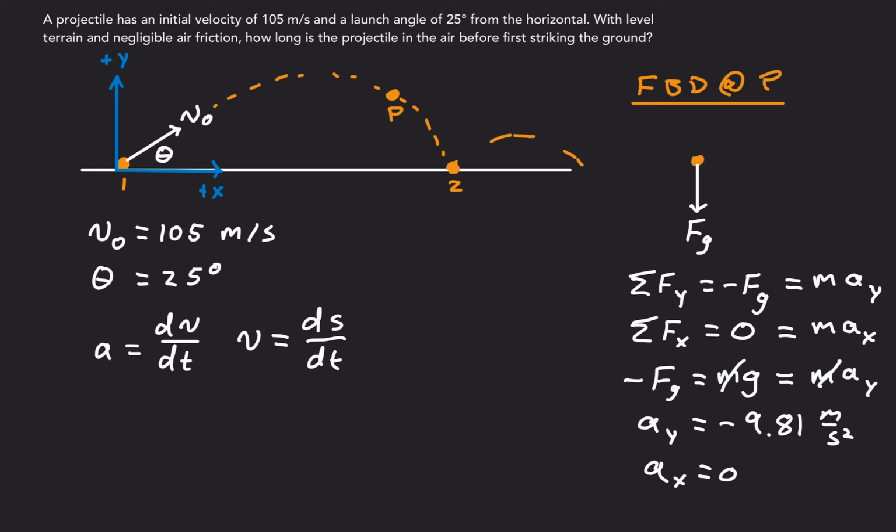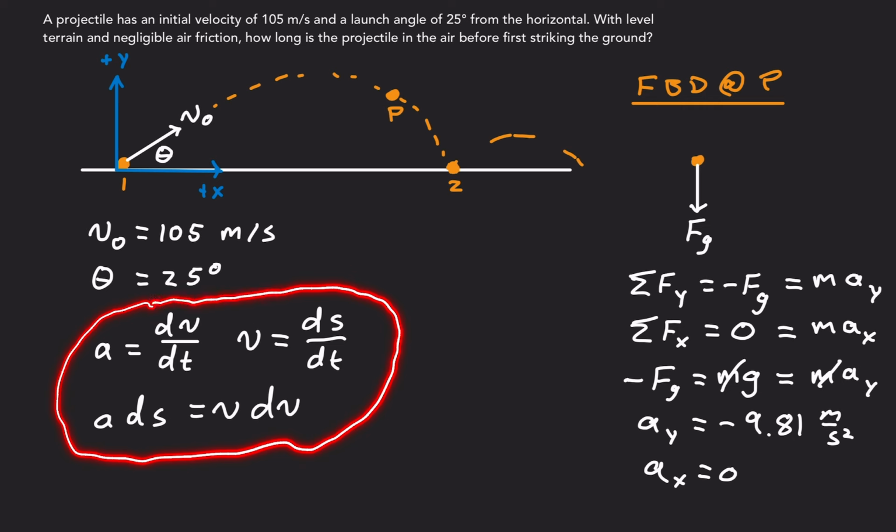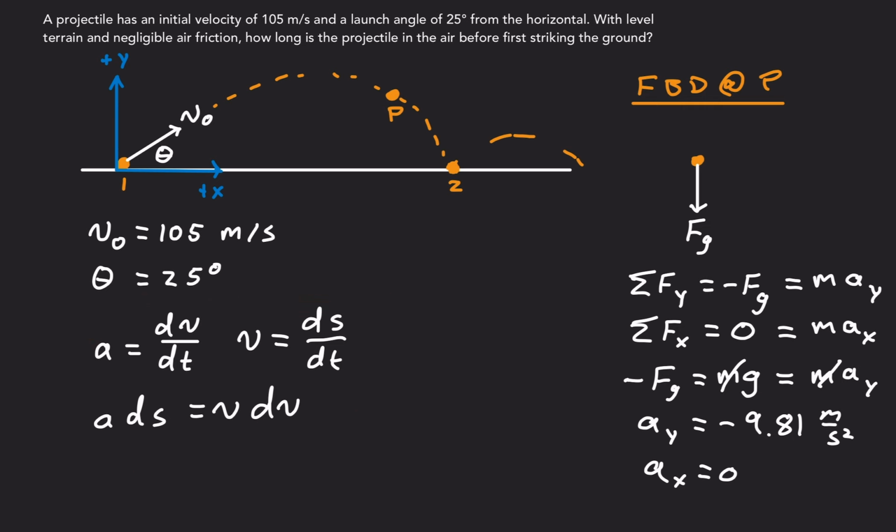And then there's another one I advise you remember: a times the differential displacement is equal to v times the differential velocity. These 3 expressions are a lot easier to remember than the multitude of constant acceleration expressions you can get from the derivation with these equations. You can derive all of those kinematics equations from these 3 equations.